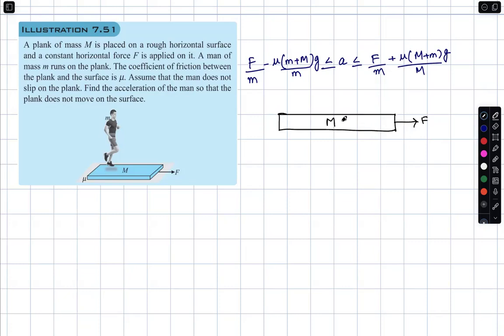One possibility is, if the man is running with an acceleration, one thing is clear, friction may take this direction. Remember, the plank is not moving in this case.